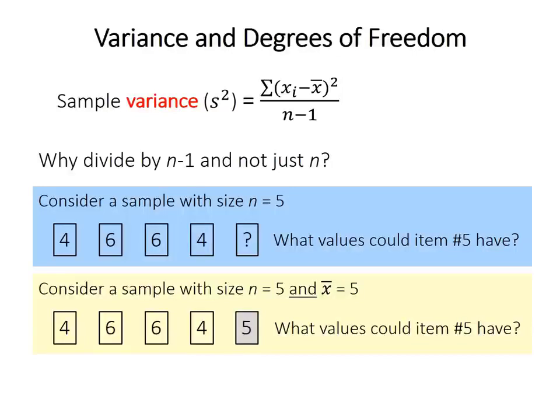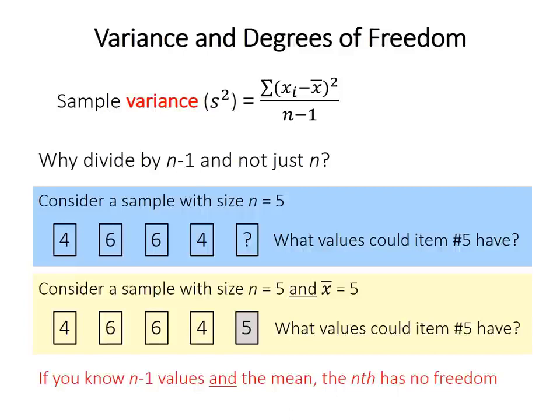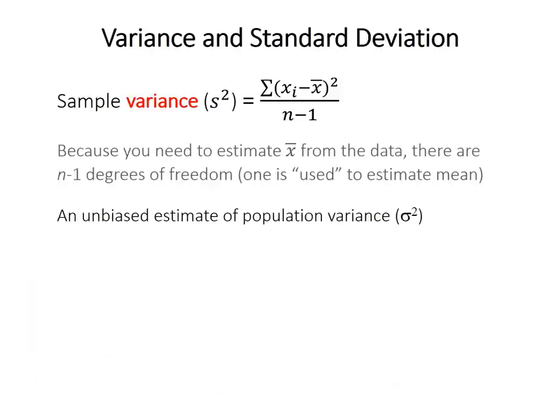So this is essentially why, if you look at the formula for variance, the mean is in there. We're essentially using one of the degrees of freedom to calculate the mean. So variance is calculated as the sum of squares divided by n minus 1, because we only have n minus 1 degrees of freedom.